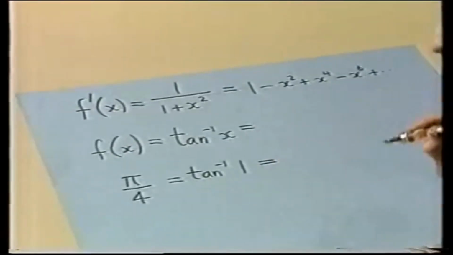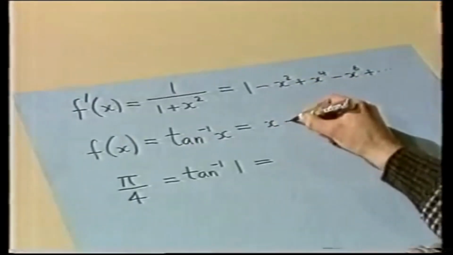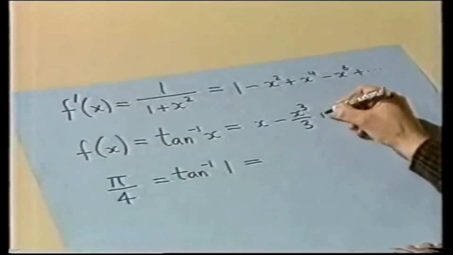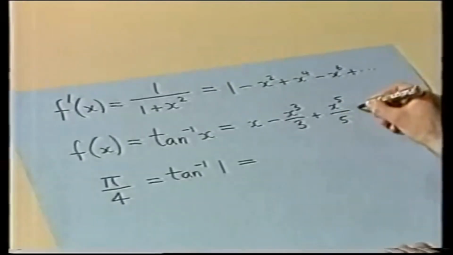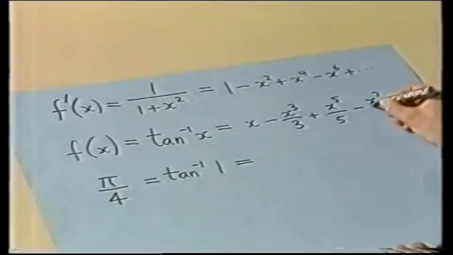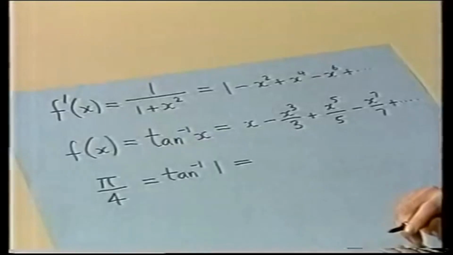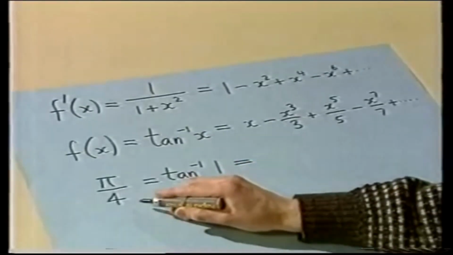Well, integrating term by term, this is what we get. 1 gives us x, and then we've got minus x cubed over 3, plus x to the 5th over 5, minus x to the 7th over 7, and so on. But remember, what we wanted was a way to calculate good estimates for tan to the minus 1 of 1, pi by 4.